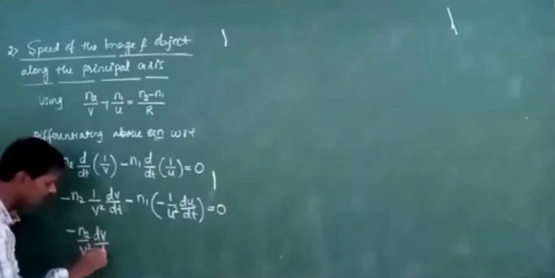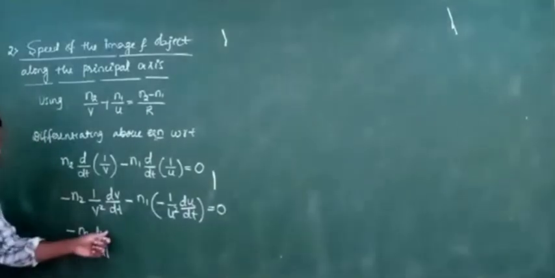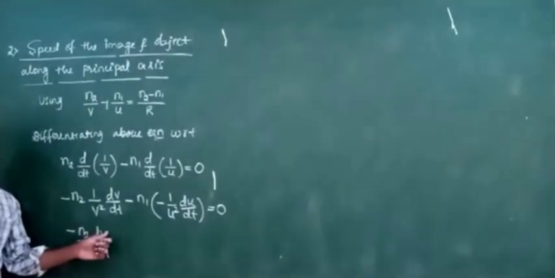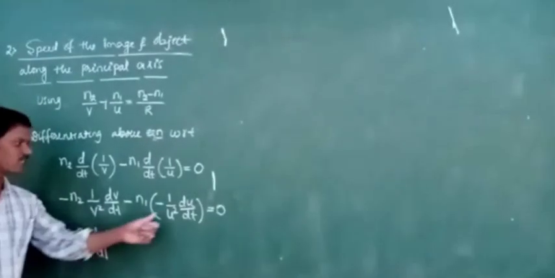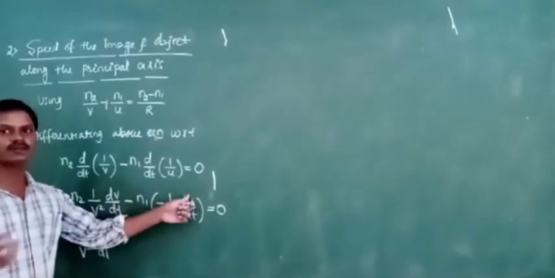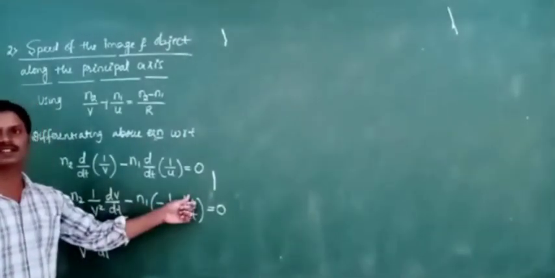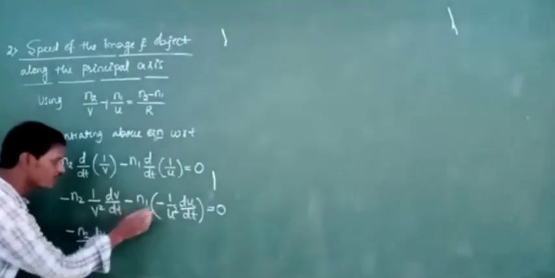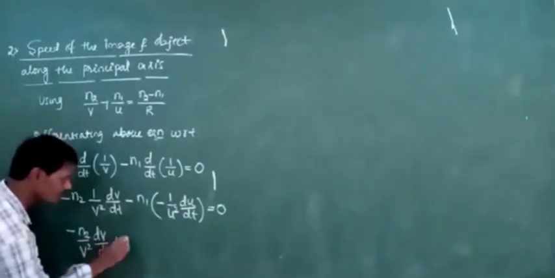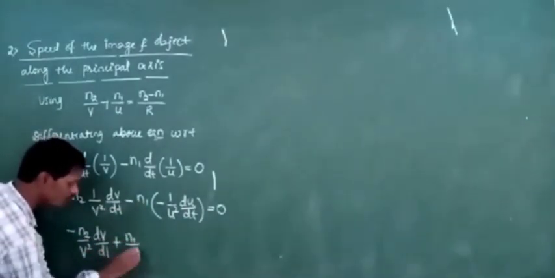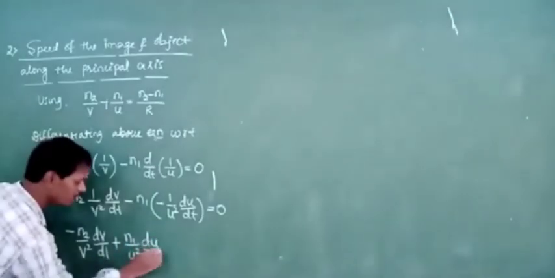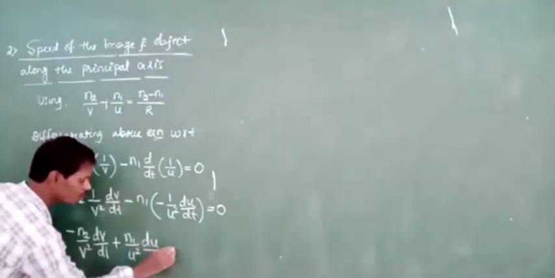What is dv by dt here? The rate of change of position of the image is called image speed. What is du by dt here? The rate of change of position of the object is called object speed. Then minus into minus is plus, then n1 by u square du by dt is equal to 0.